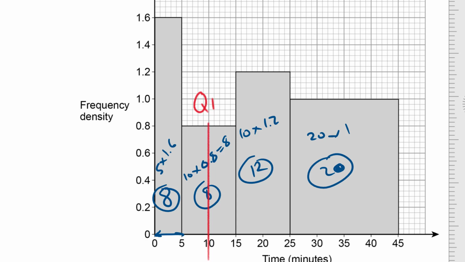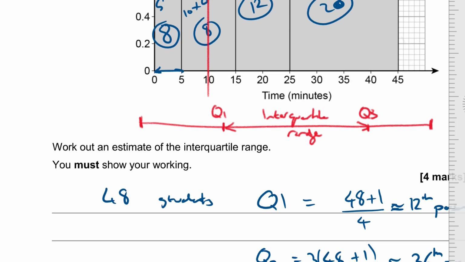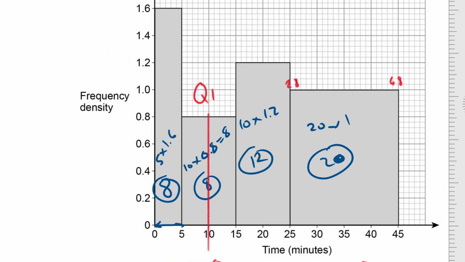If that was the 28th person and this one is the 48th person, and I'm looking for the 36th person, how far along that bar is it proportionately? Well, the distance between 28 and 36 is a distance of 8, and the distance between 36 and 48 is a distance of 12.